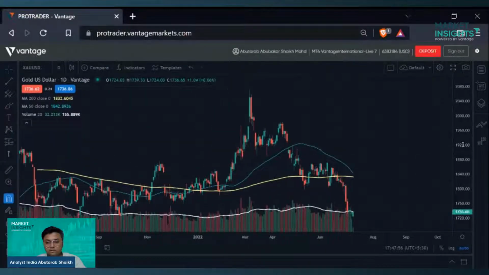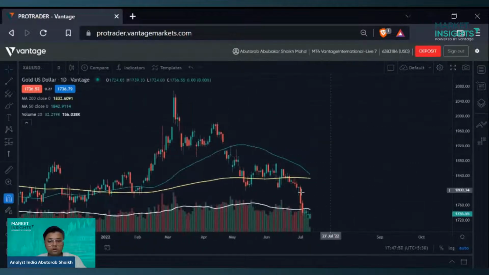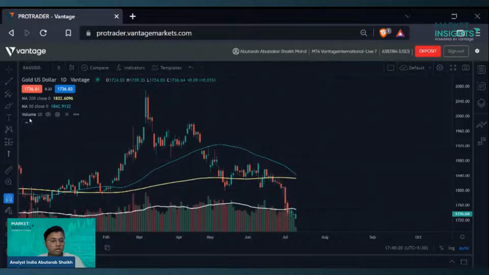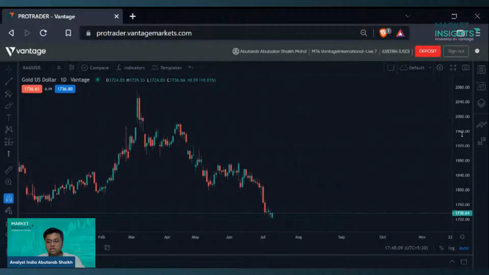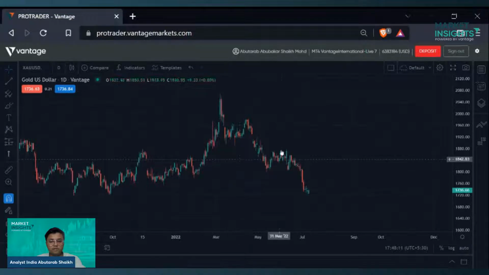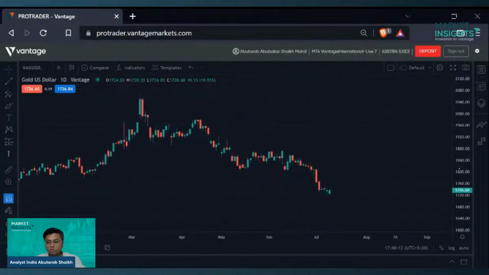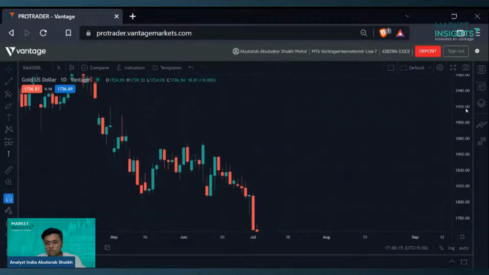Good. Let's just clean up everything right now. So this is purely the price action chart, which is of gold. Previously, I want to remind you all of a very important announcement.